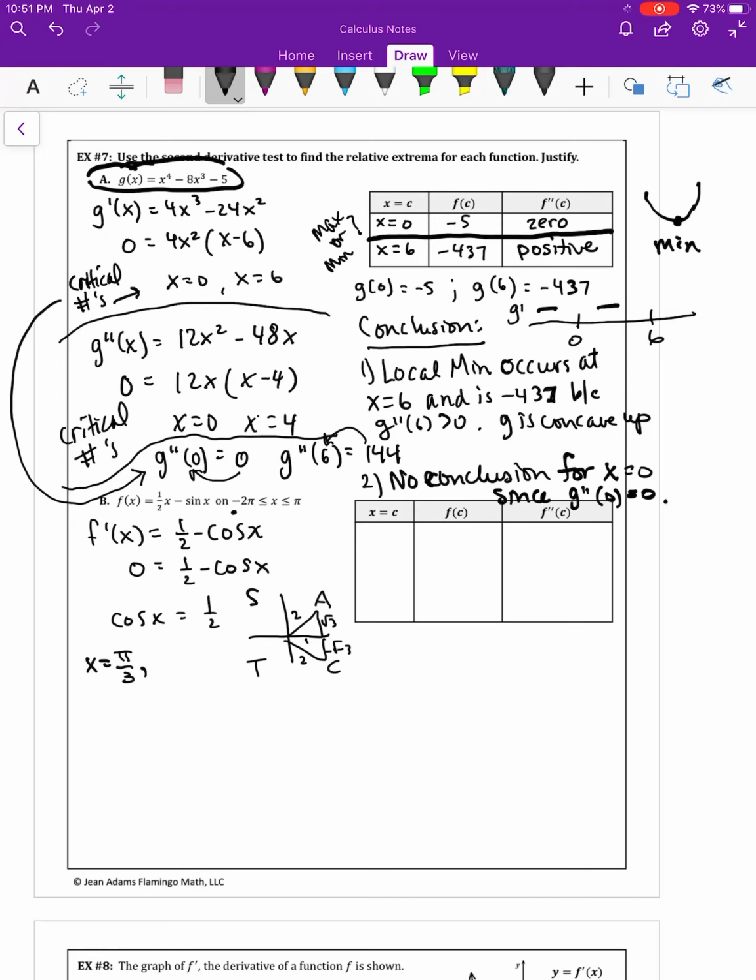And ooh, we have to be careful here because I just noticed that we're talking about from -2 pi all the way to pi. So think about where -2 pi would be. If I was going this way, the first thing I would hit is negative pi over 2. Then I would hit negative pi. Then I would hit negative 3 pi over 2. Then I would hit negative 2 pi. Okay? So I have to look at all of those values from negative 2 pi all the way around and then back again.